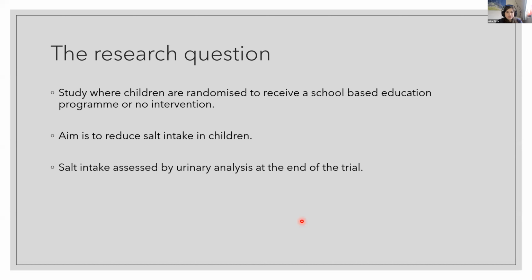The aim of that education program is to get them to reduce their salt intake. So we have some analysis of their urine at the end of the trial, and what we want to happen is those that have gone through the education program actually have a reduced intake of salt compared to those that haven't. So we're going to look at the results of their salt intake and see if there is any difference between the two.